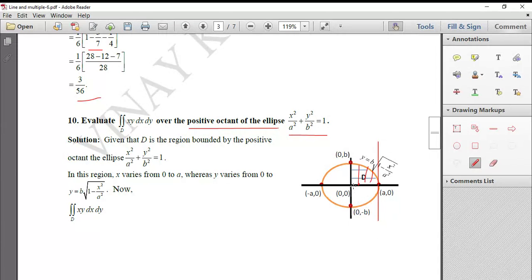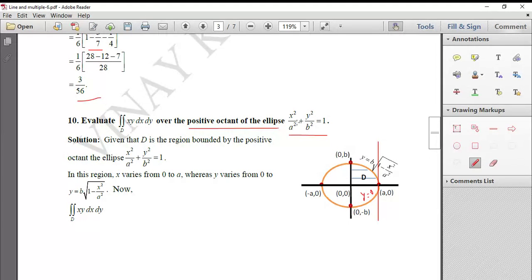So you are collecting all the points starting from 0 to a. But what is the limit for y? What about this line? This line is y equal to 0. So y varies from 0 only up to this curve, isn't it? Any point on this curve satisfies the condition x square by a square plus y square by b square equal to 1. But we want y. So from this, what is your y?